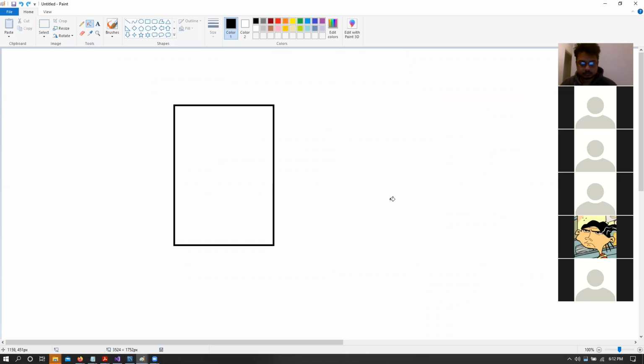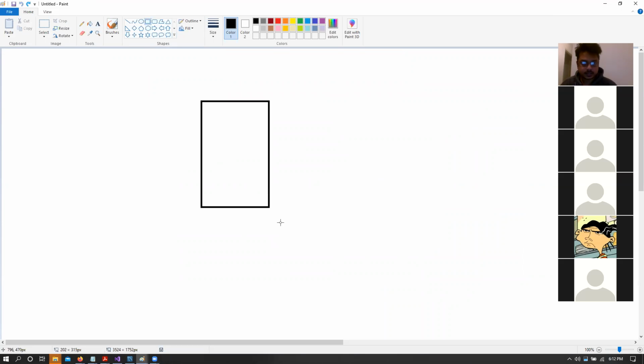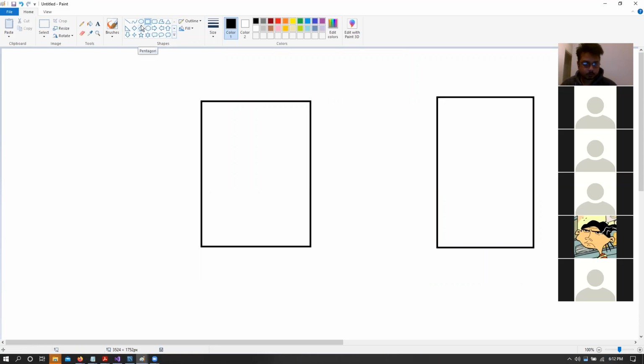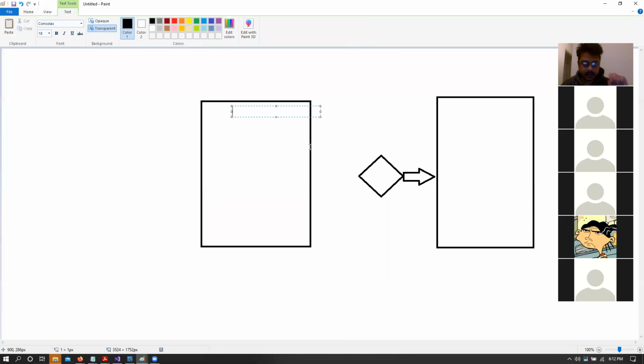Let me draw boxes again. A single line, two-ended arrow. Do you agree with that? Should it be a single line with two-ended arrows if it's a laptop and an owner and it's a one-to-one mapping?